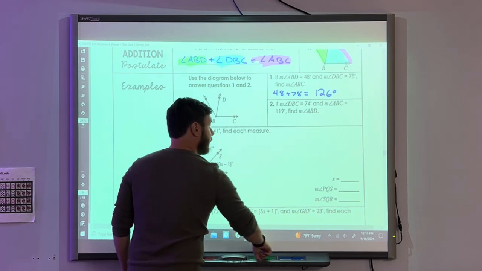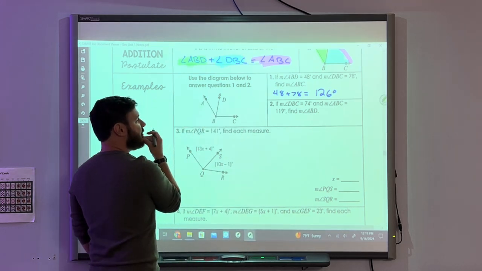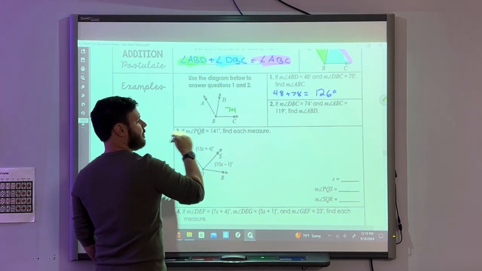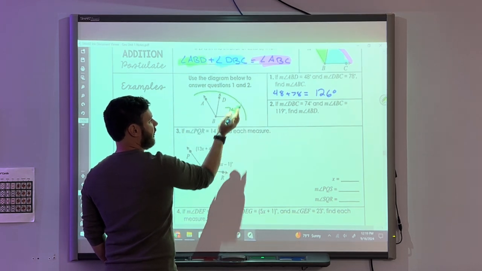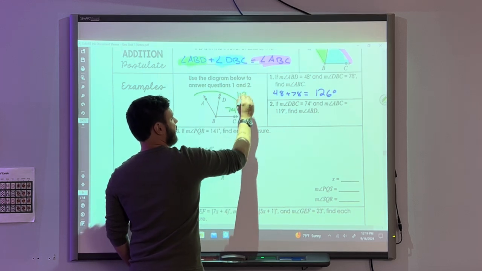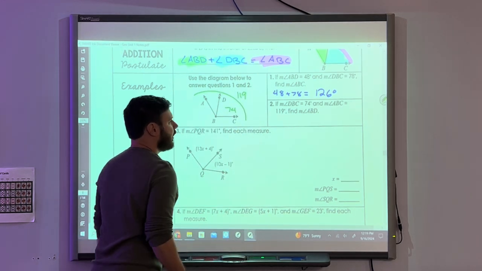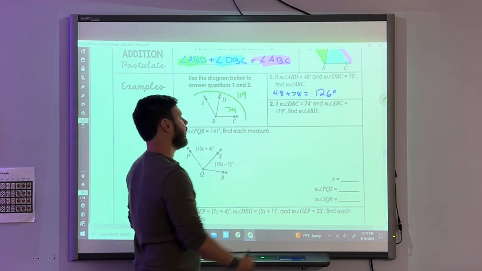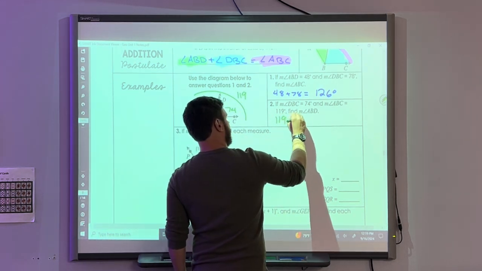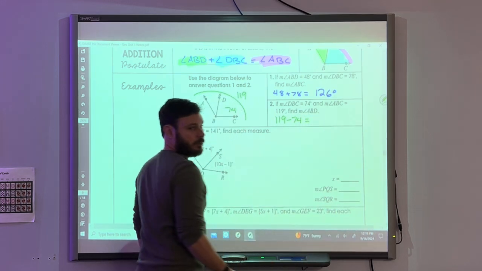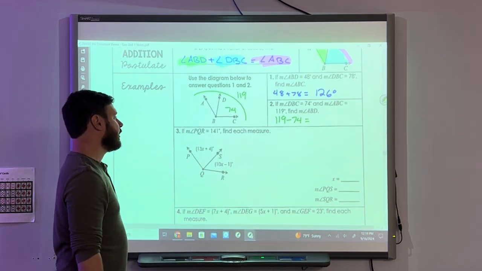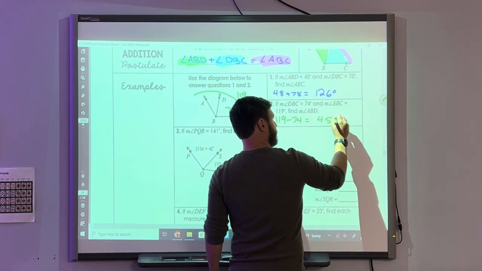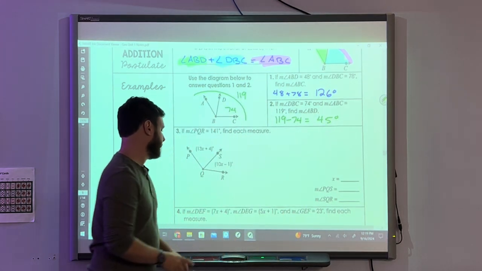Number 2 says DBC is 74 and ABC, that's the whole thing, is 119. How much am I missing? Okay, well, if these two pieces together are supposed to make 119, let's take 119, take away what I have, and then that will be my other answer. That's 119 minus 74, which is 45, I think. And that's done.